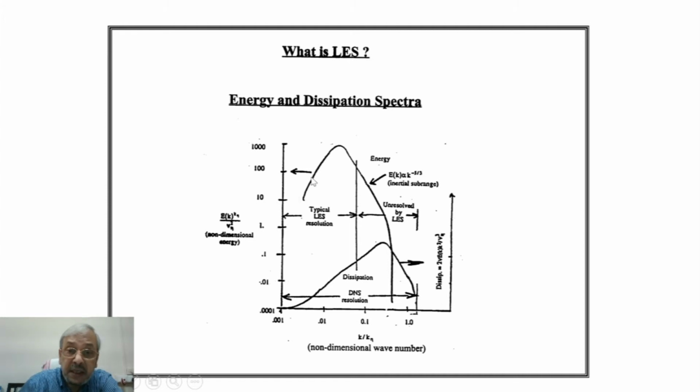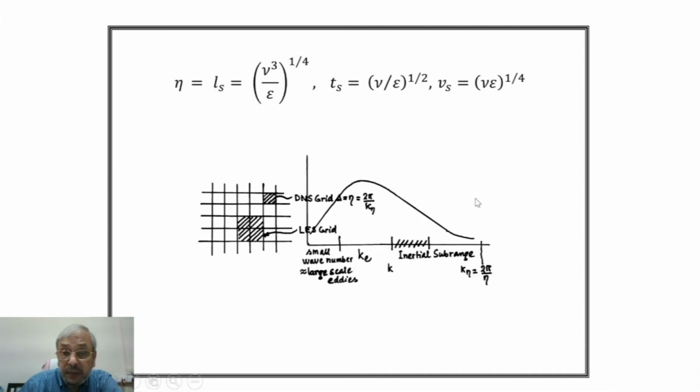So these are energy containing eddies, and this is the inertial subrange, and we can truncate somewhere at the end of the inertial subrange in such a way that the grid corresponds to that particular wave number.